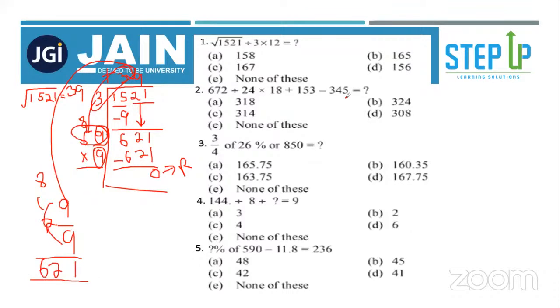Okay, the shortcut method alone I'll teach you now. Let's finish the 5 questions, then I'll teach you how to do the shortcut. I'm writing 1521 on the right side.